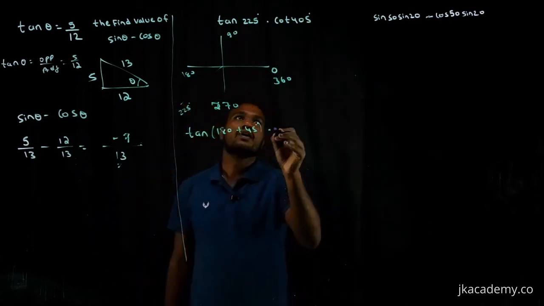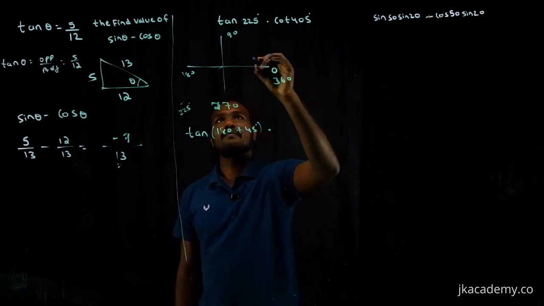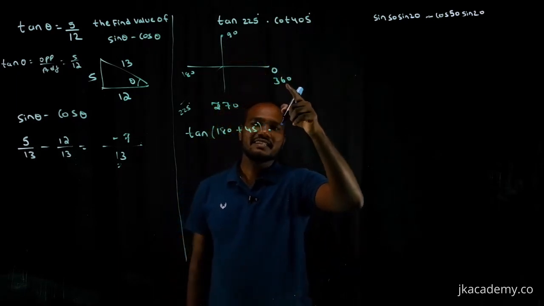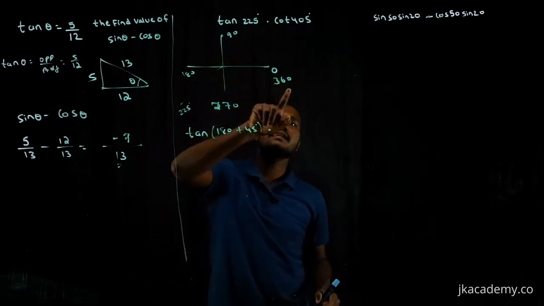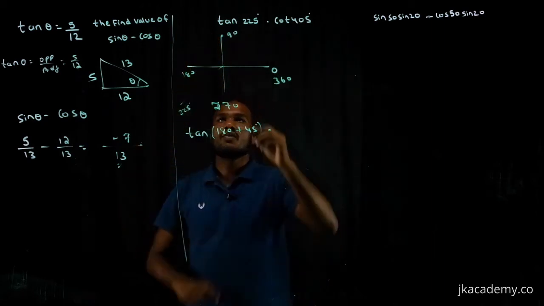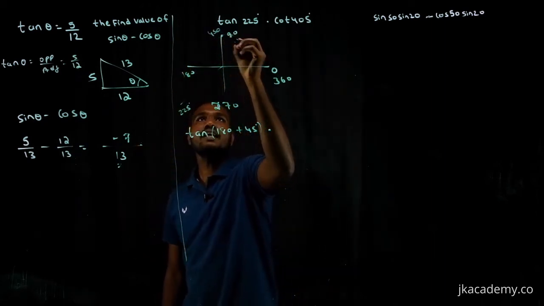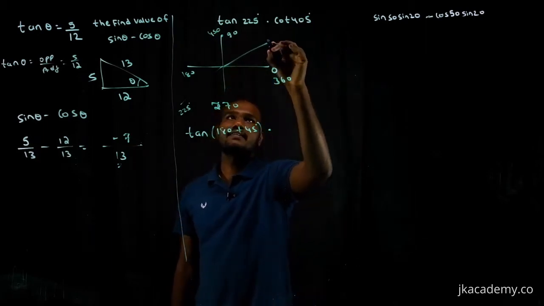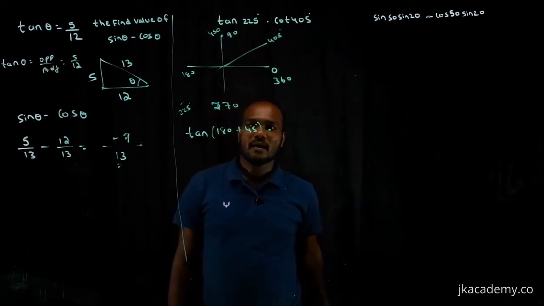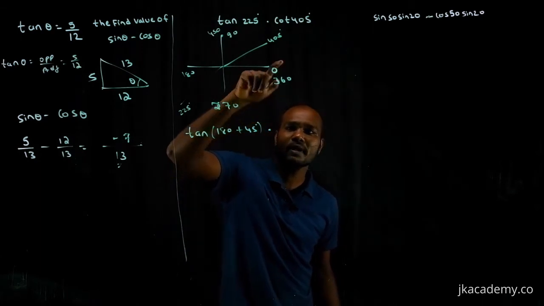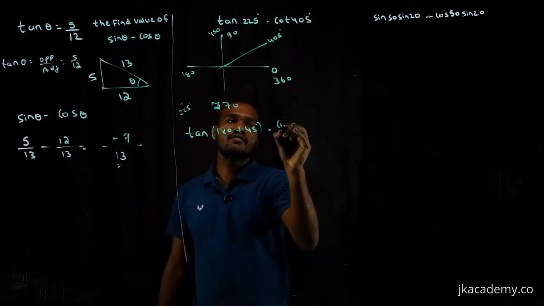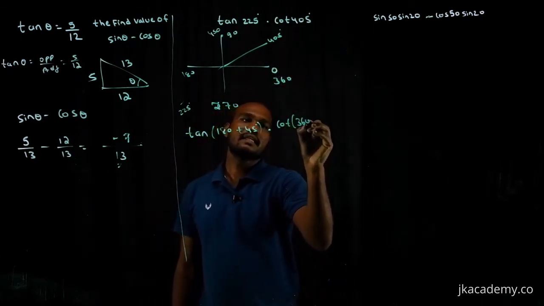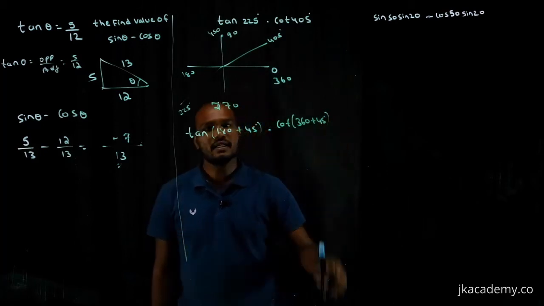In the same way, cot of 405. 405 means this will become what? If it is 360, if I add 90 to this, that is 450 degree. Now 405 degrees is somewhere here, right? We can call this 405 degree. So this can be written as what? 360 plus some theta, right? So cot of 360 plus 45 degree.